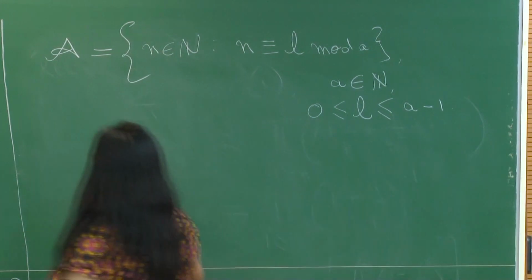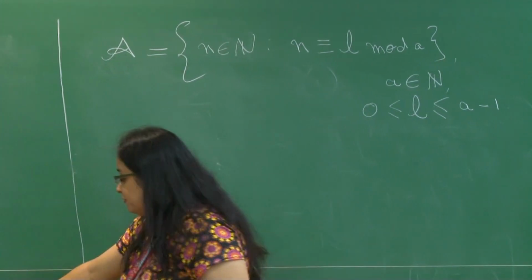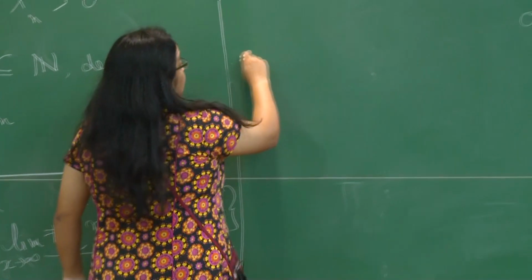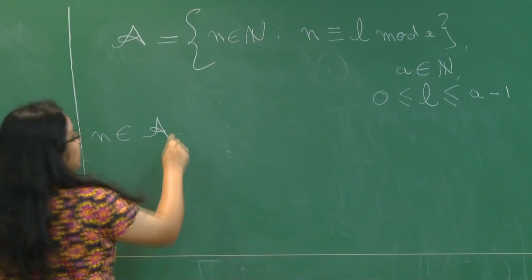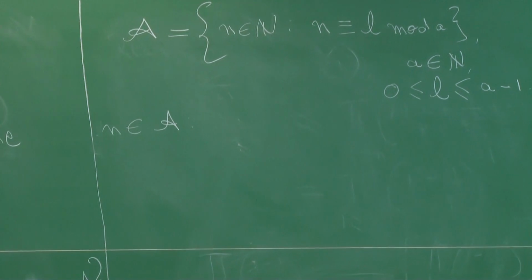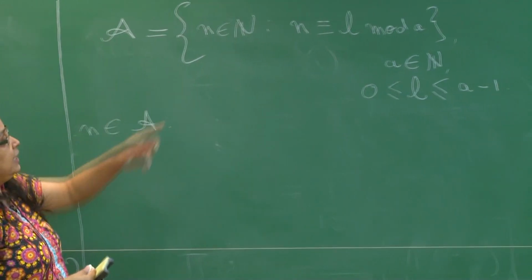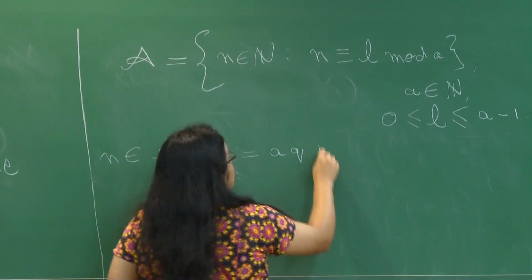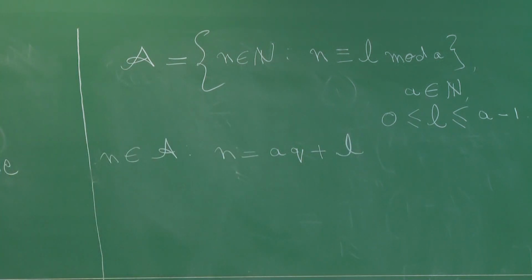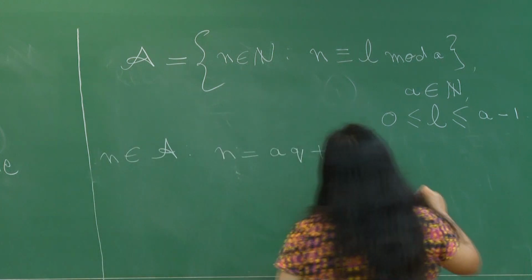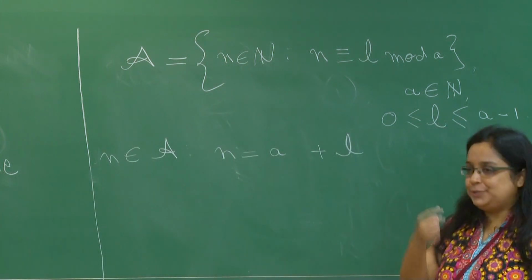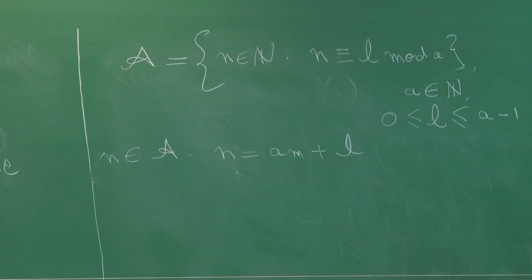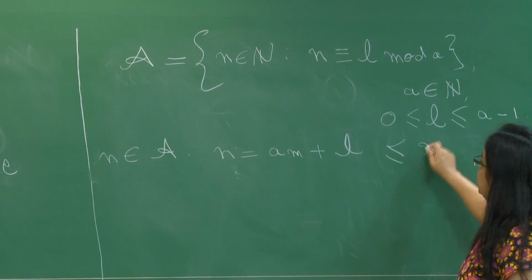Now, suppose you have to count the number of n up to x which lie in A. If you have an n in A, what does that mean? It can be written as A q plus L. Typically, in this course we are going to use q to denote prime numbers, so let us just call this some other number, A m plus L, and we also want this to be less than or equal to x.